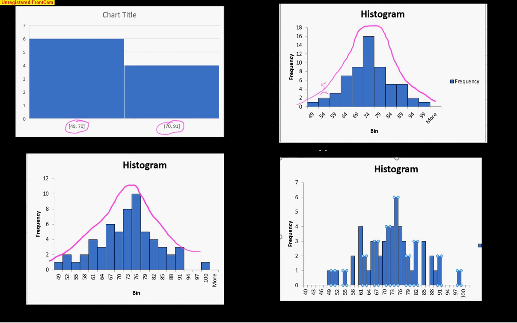So same data, organized slightly differently. Each histogram is representative of that frequency table with varying class widths. So go ahead and practice some of your problems now, and look forward to seeing you in class.